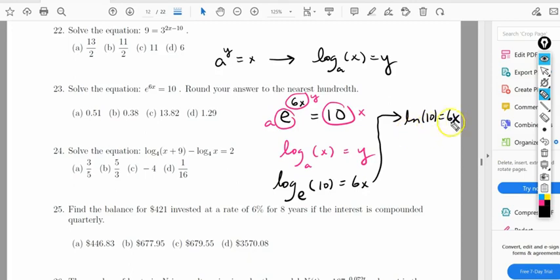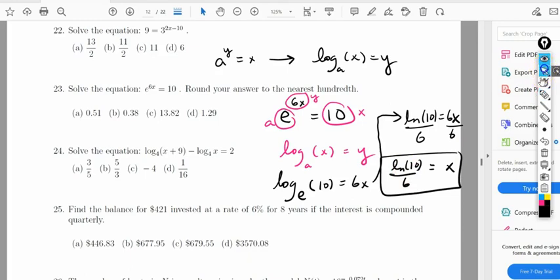Now, we're meant to find x, and we have 6 times x. So divide both sides by 6. And so my exact answer for x is ln of 10 divided by 6. That's my exact answer. And I just need to put that into my calculator.